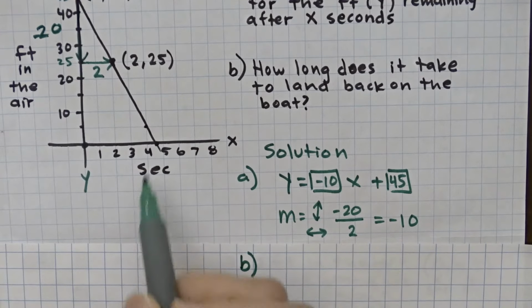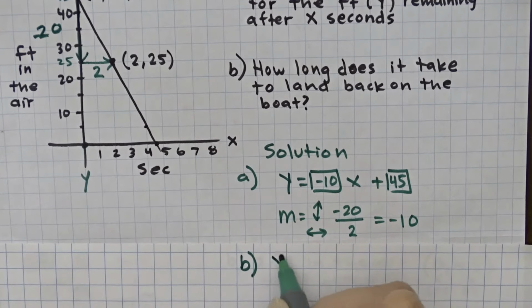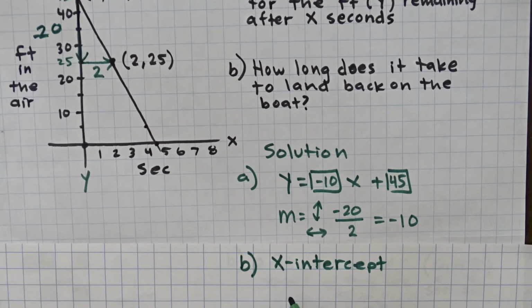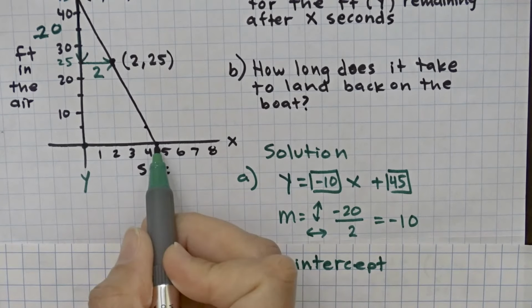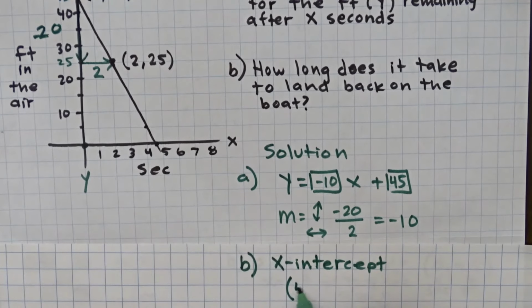So we're actually looking for our x-intercept. Recall, the x-intercept is the point where we have an x value of 4.5 and a y value of 0.